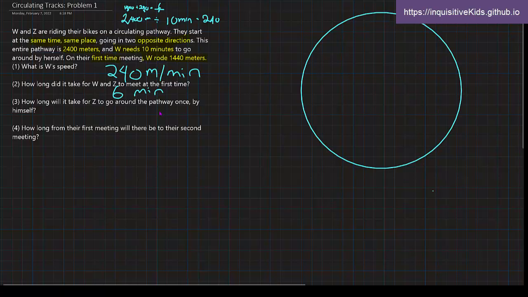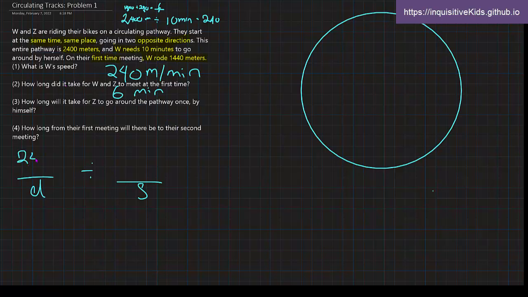We're trying to find the time, and to find the time, we just have to divide the distance by the speed of Z. The distance is how long it takes him to go around the pathway once, and the pathway in the problem is 2,400 meters. And we divide by his speed.